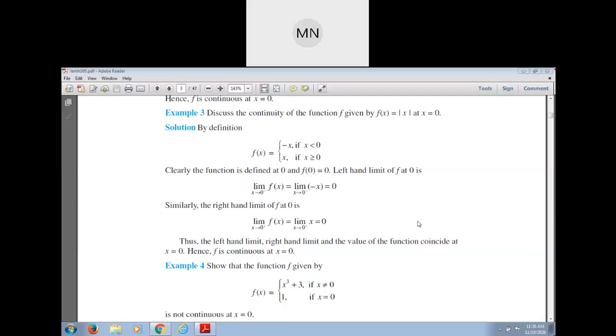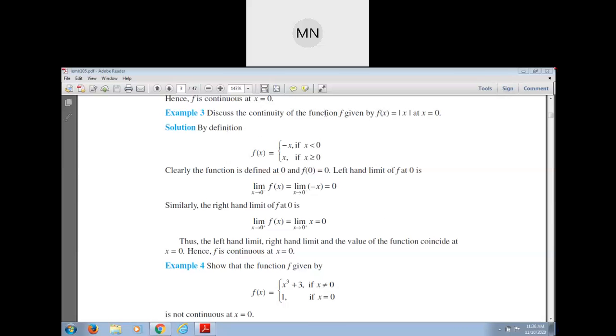So in the definition, it is given as the limit as x tends to c of f of x equals f of c, and this is the definition of continuity at a particular point x equals c. This definition is already given, and now see this example.